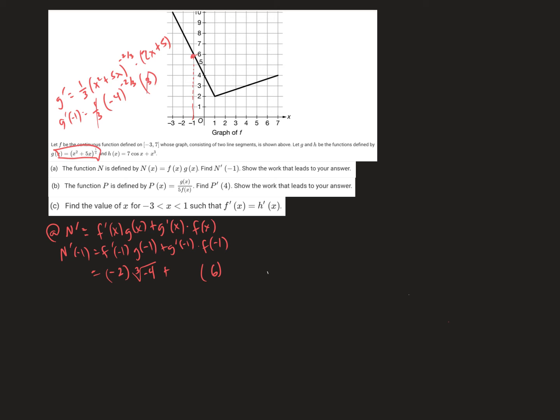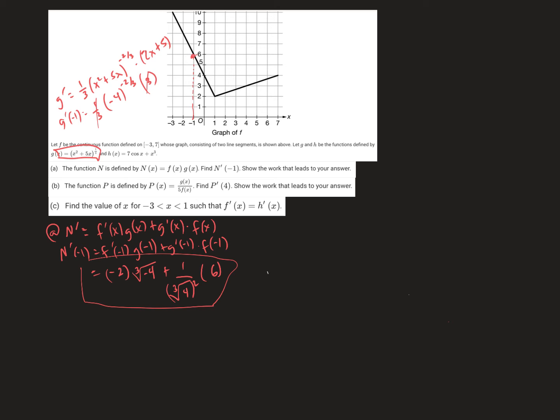So the 1/3 and the 3 go away. And basically that's negative 4 to the negative 2/3 power, which is the same thing as 1 over the cube root of 4 squared. You could possibly do some more stuff with this, but I'm going to leave it like that. I didn't pay attention to see if it was a calculator or not a calculator problem.